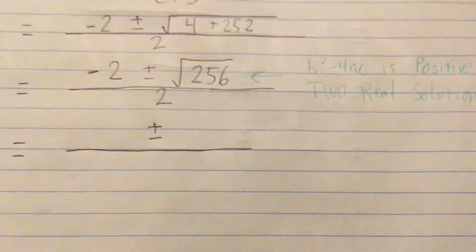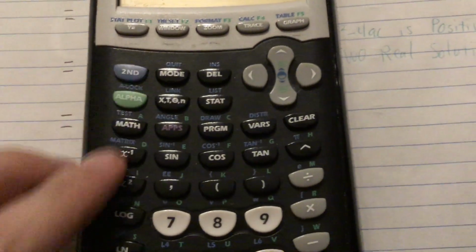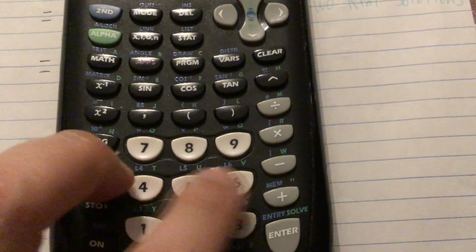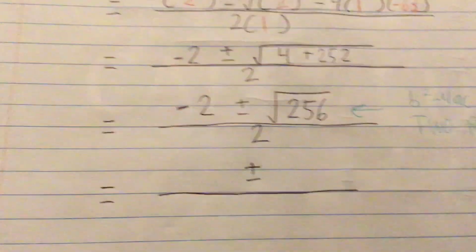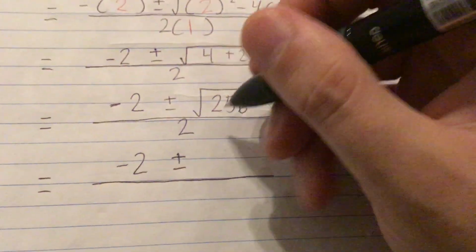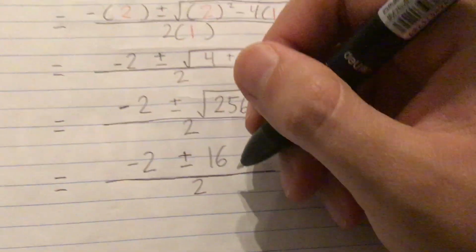If b squared minus 4ac is positive, there's 2 real solutions. Well, I don't know the square root of 256 off the top of my head, so let me do square root of 256, and that is 16. Okay, so now we've got negative 2 plus or minus the square root of 256, which is 16, over 2.